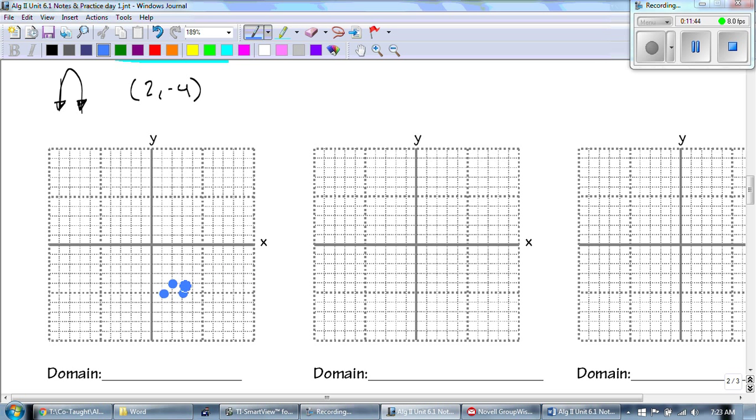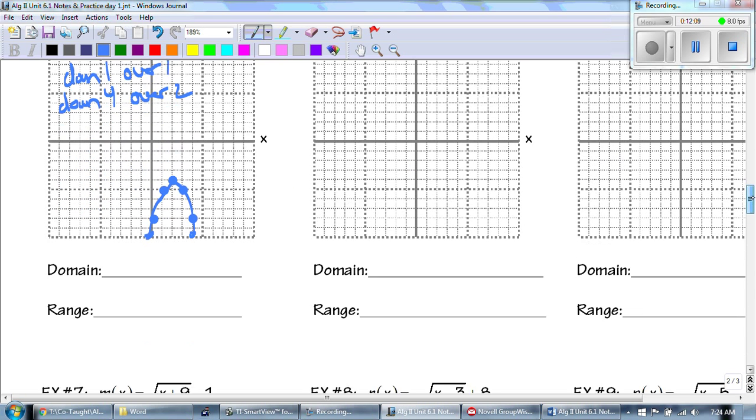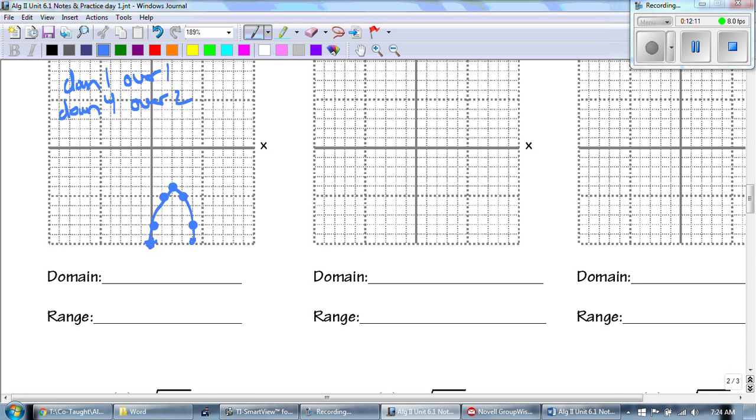I go down 1 over 1, down 4, 1, 2, 3, 4, over 2. Okay, so that was down 1 over 1, down 4 over 2.